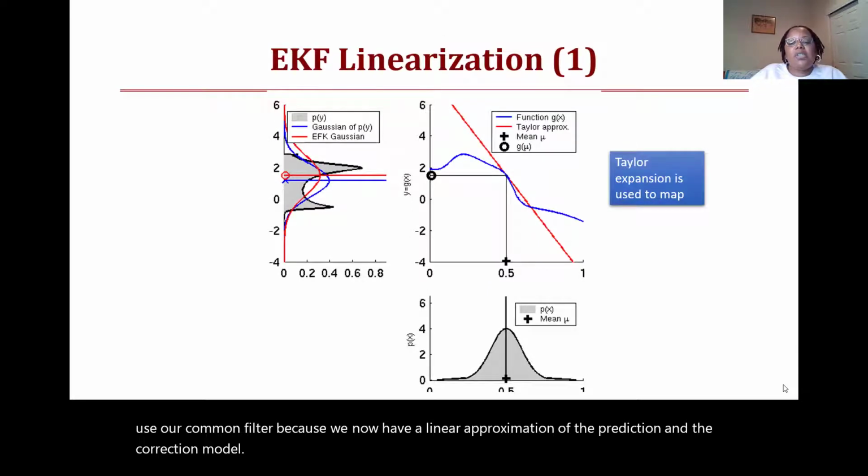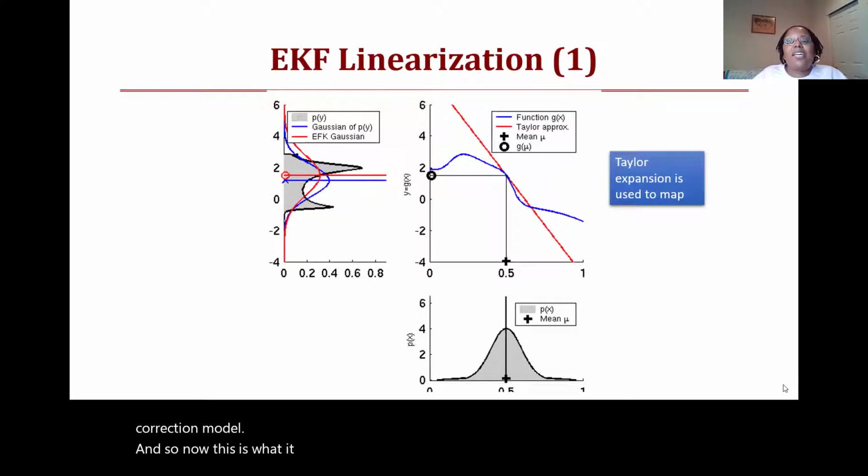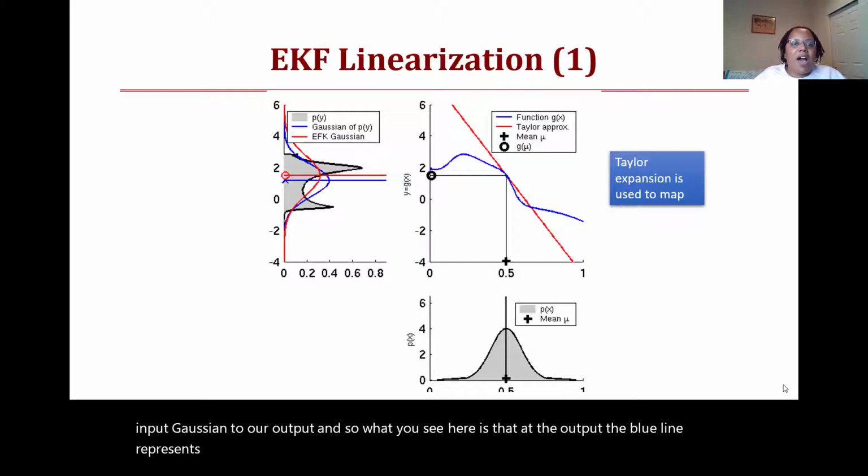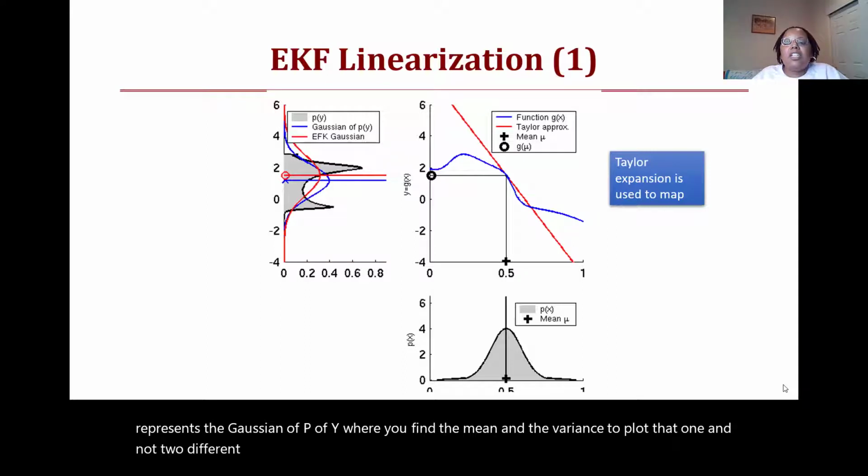And so now this is what it looks like when we use Taylor expansions in order to map from our input Gaussian to our output. What you see here is that at the output, the blue line represents the Gaussian of P of Y, where you find the mean and the variance to plot that one. And not too different is the one you found by linearizing your function g of x.